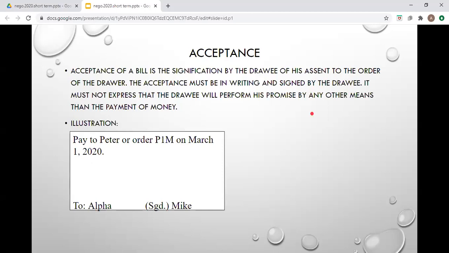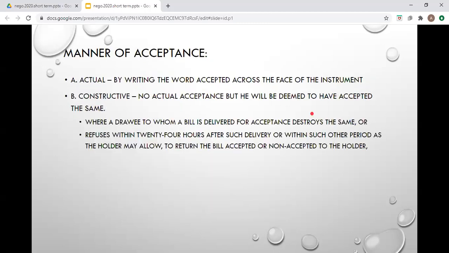So how will Alpha now, our drawee, accept that instrument? Sabi natin, by writing the word accepted across the face of the instrument, and to be followed by signature, and as much as practicable, you have to include also the date of the acceptance. Okay, so accepted, signed Alpha March 1 of 2020. That's how to accept it, by writing the word accepted.